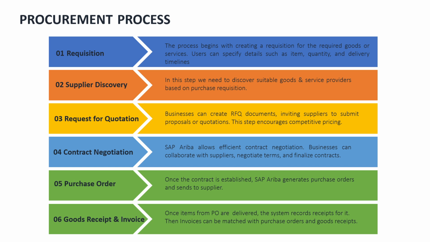In this step, once items from the purchase order are delivered, then the system records receipt for it. Okay. And then invoices can be matched with the purchase order and goods receipts. Then our procurement process is done. Okay. This is the procurement process of SAP Ariba.